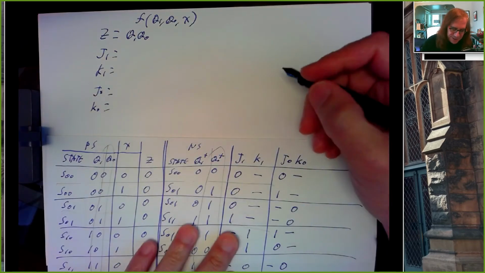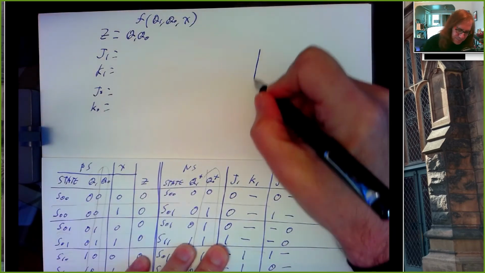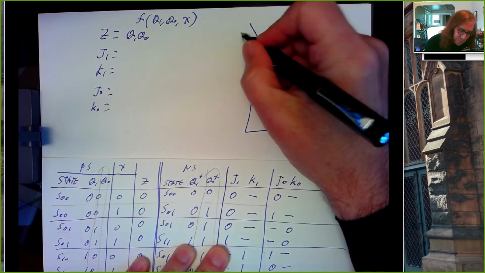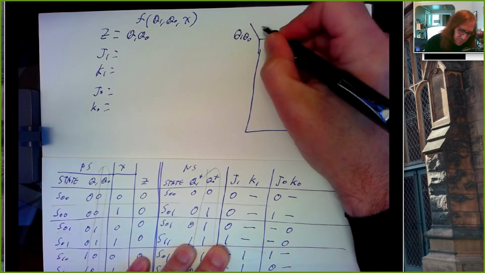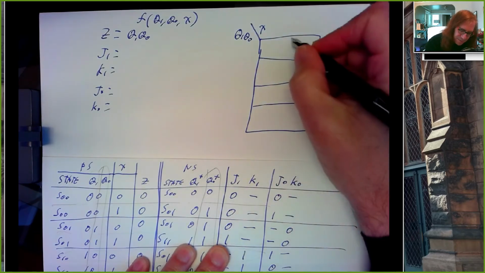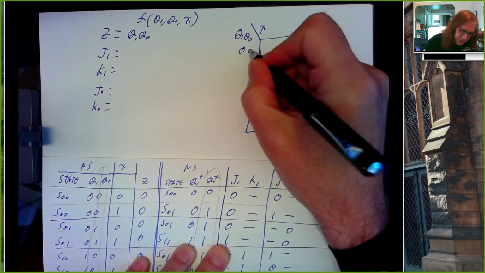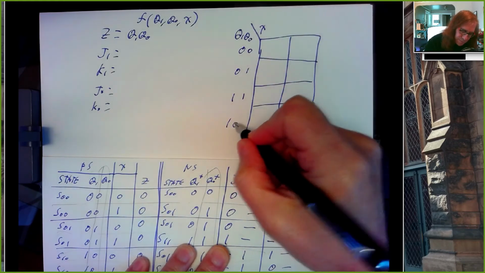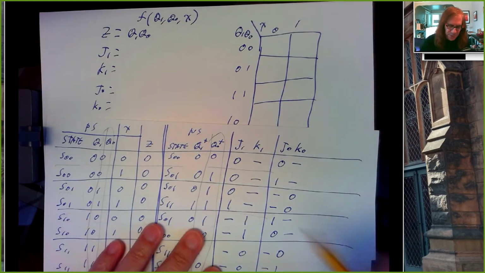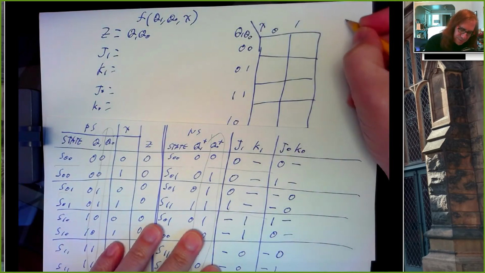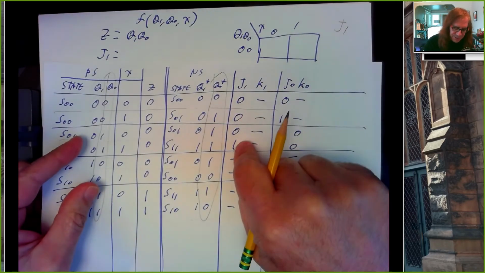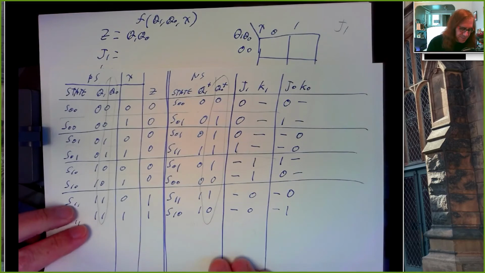So for these others, let's do a quick K-map. And I'm going to reuse the same K-map while we're recording this. All right, so let's look at J1. So 0, 0, 0, 1, and then a bunch of don't cares.